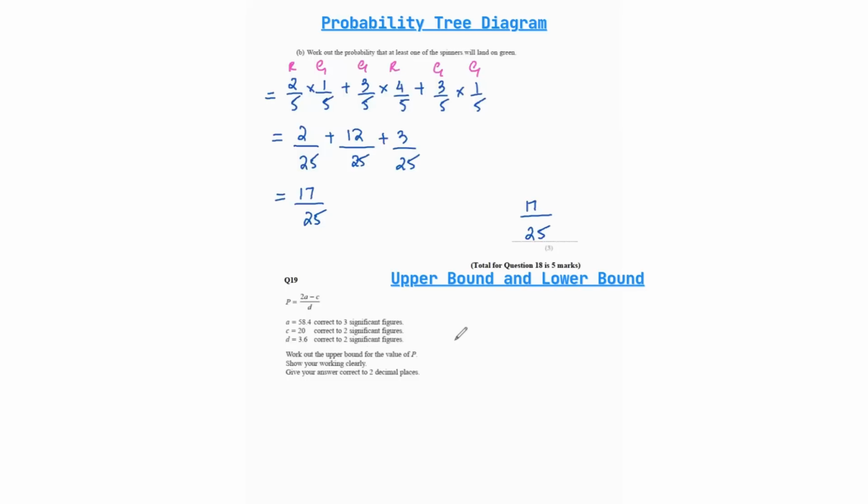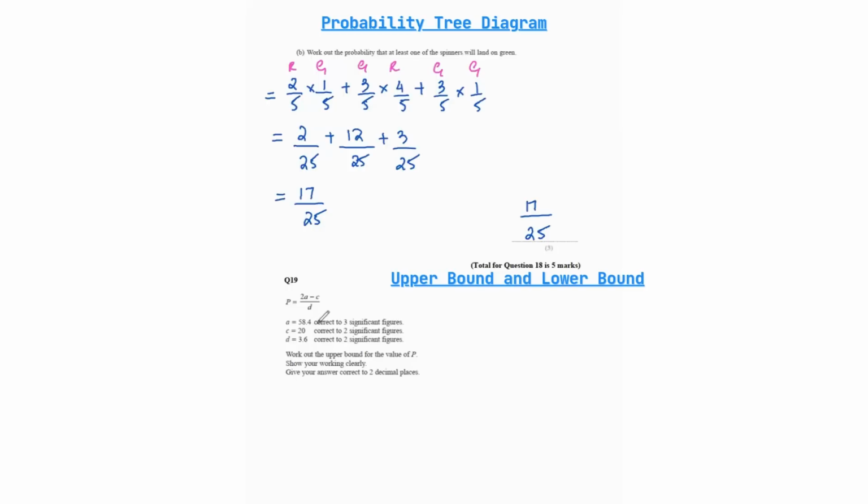So whenever we're talking about upper bounds and lower bounds, first you need to see what's happening in the equation. Is there subtraction? Is there addition, multiplication, or division? Over here, we can see subtraction happening in the numerator, and overall, it's division.